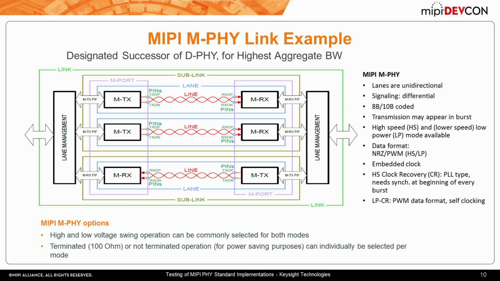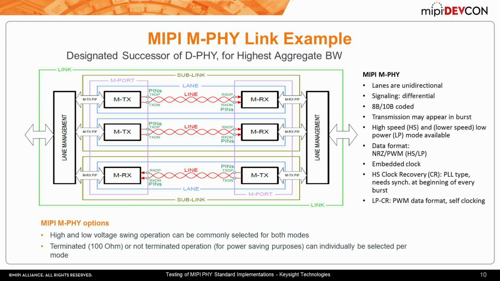All right, one thing also I think that's worth noting is that M-PHY has, for a specific implementation, for the high speed and the low speed modes, you always have the same high and low voltages. It's always NRZ encoded, or it's always just logic 1 and logic 0 at specified voltages.